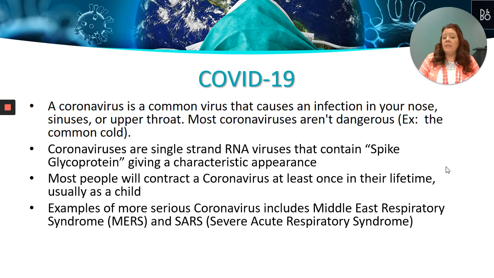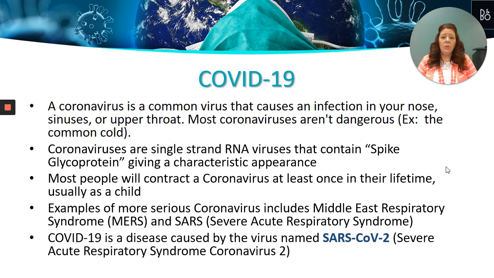Examples of some more severe coronaviruses include the Middle East Respiratory Syndrome, which is MERS, or SARS, which was the Severe Acute Respiratory Syndrome. COVID-19 is actually a disease caused by the virus that is named SARS-CoV-2, and that stands for Severe Acute Respiratory Syndrome Coronavirus 2.